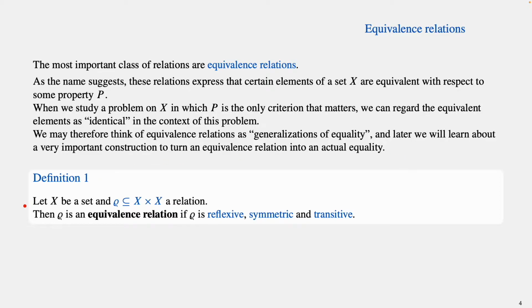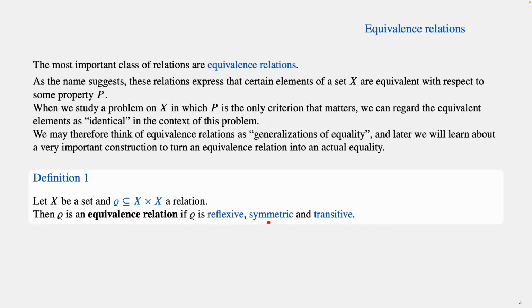Let's get to the definition. So if X is a set and we have a relation rho given, which as you may recall is a subset of the Cartesian product of X with itself, then we say that this relation is an equivalence relation if it is reflexive, symmetric, and transitive. And just as a quick reminder, the relation being reflexive means that any element of the set X is related to itself.